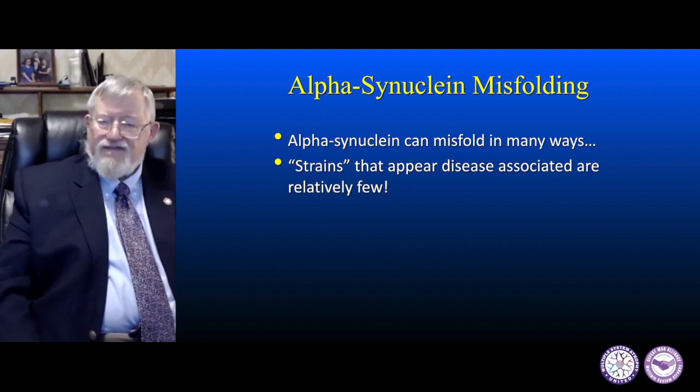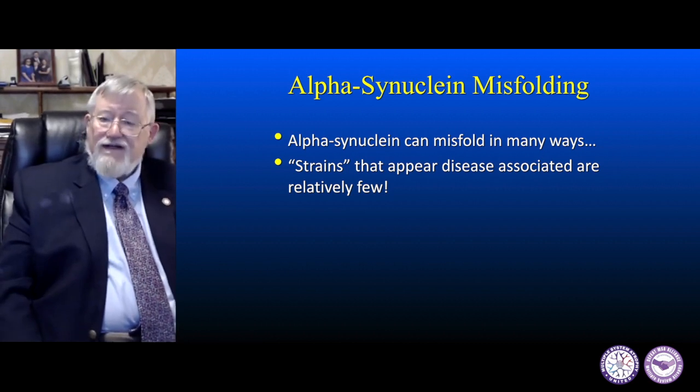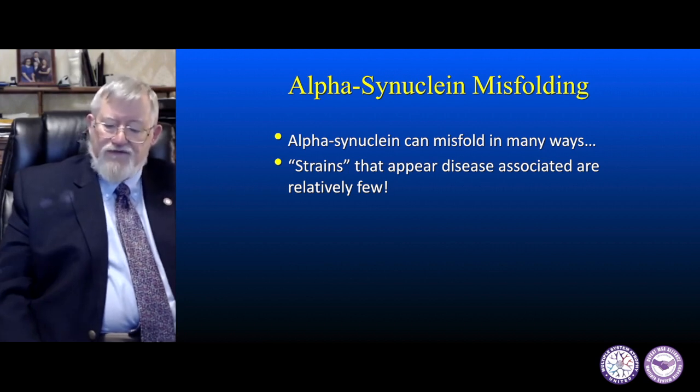And in fact, the strains, the different forms of aggregation that are disease associated are really quite few. But the protein itself not only can misfold in many ways, but a lot of the different ways can form aggregates. And there are a lot of variations in aggregates that can occur. Nonetheless, only a few seem to be specifically associated with specific diseases.